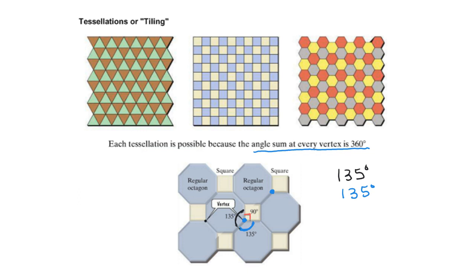It is a 90-degree angle. And if we add all of these together, we will get 360 degrees. Because it is equal to 360 degrees, it is considered a tessellation.